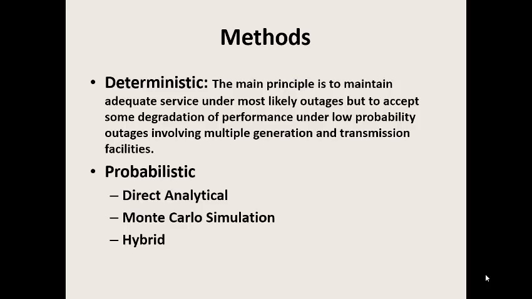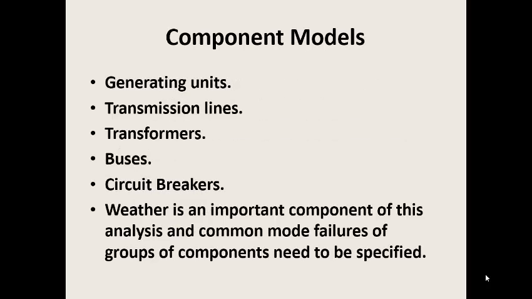In the probabilistic models, we can have the analytical methods, we can have the Monte Carlo simulation, and we can have hybrid methods, which are combinations of these two methods. Let us first discuss the models of the components that are a part of the transmission and the generation network.